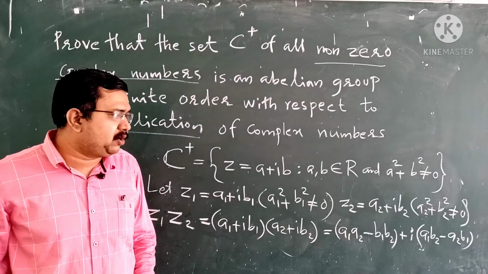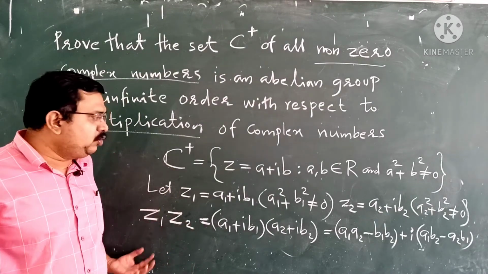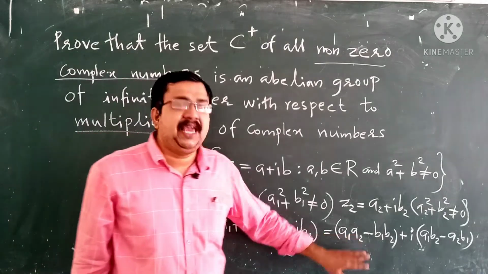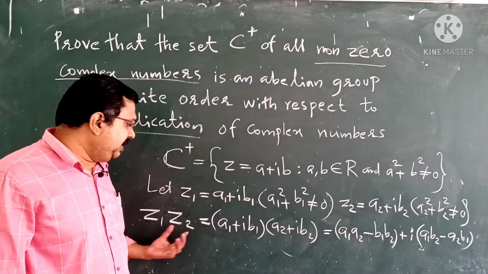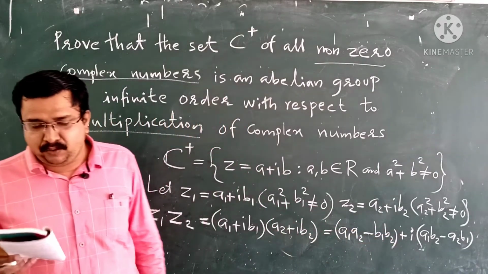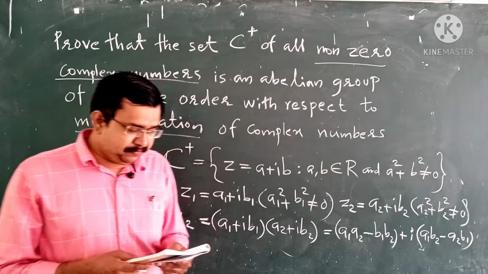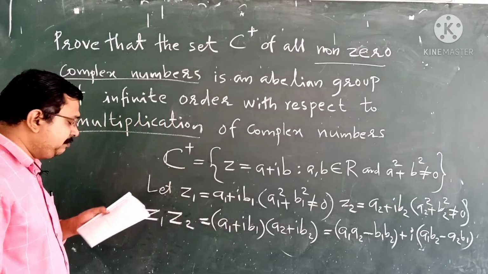It is clear that the product of two complex numbers is again a complex number.